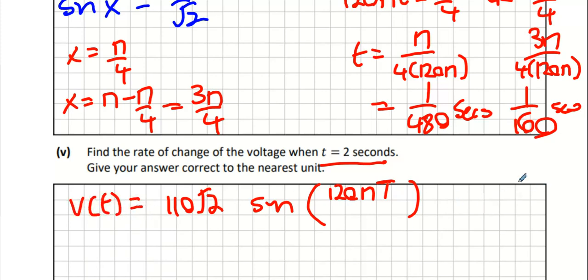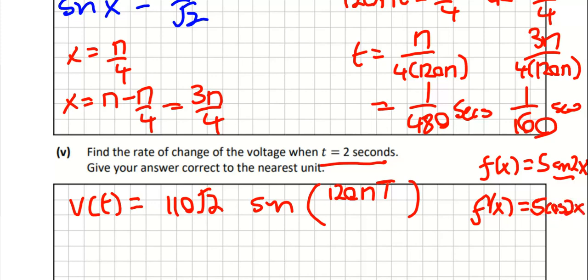Okay, and if I ask you f of x equals 5 sine 2x, what you would do when you differentiate this is keep the 5, change sine into cos, keep the angle, and differentiate the angle to get an extra 2, and 2 times 5 is 10 cos 2x.